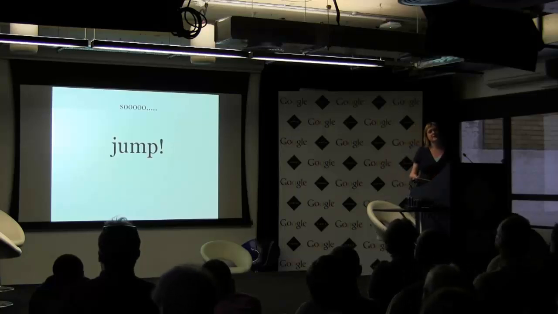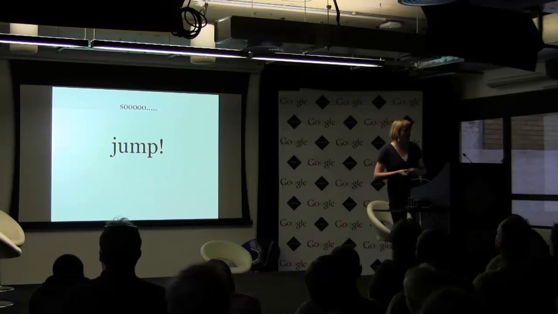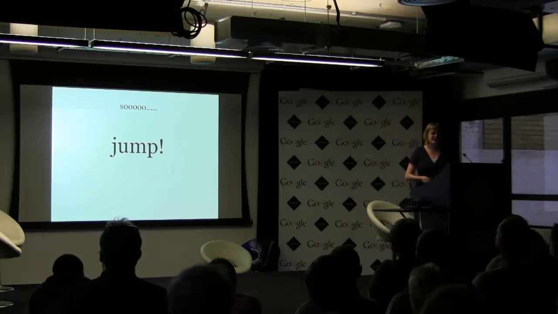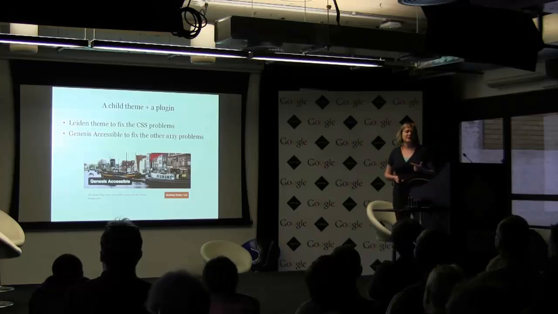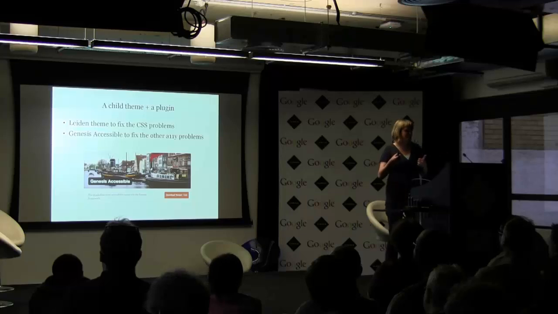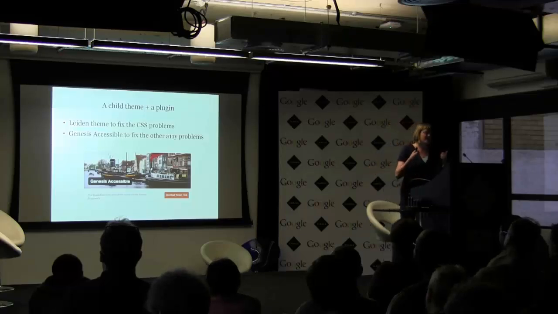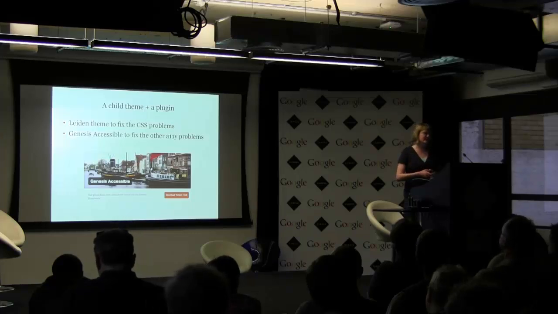So, I gathered all my cards together and I jumped. And I made two things. A child theme for Genesis and a plugin. I split both, I'll explain that later. The Leiden theme was to fix all the CSS problems, like the color contrast.